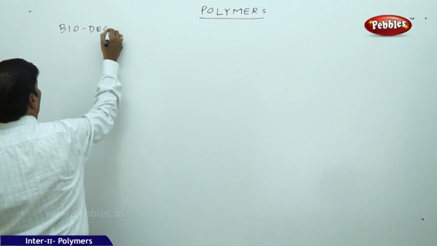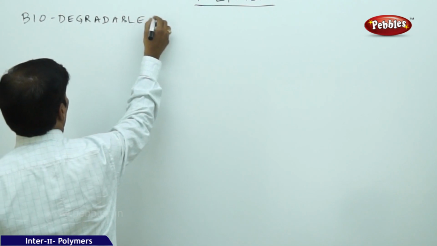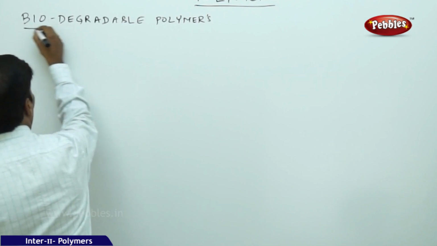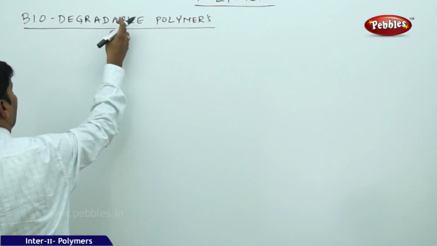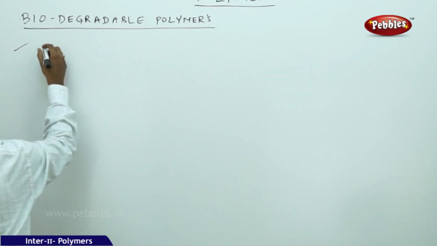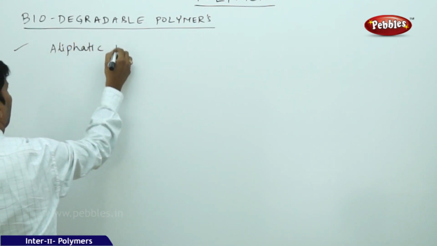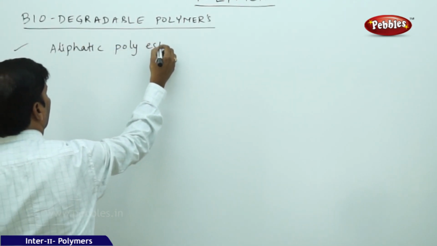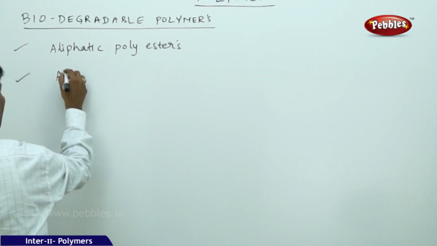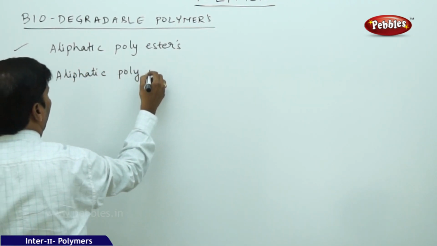biodegradable polymers. So these biodegradable polymers are nothing but aliphatic polyesters. This may be aliphatic polyesters, or this may be aliphatic polyamides.